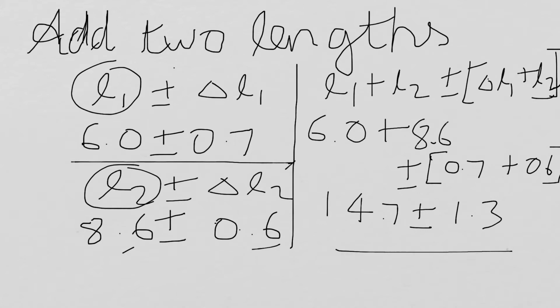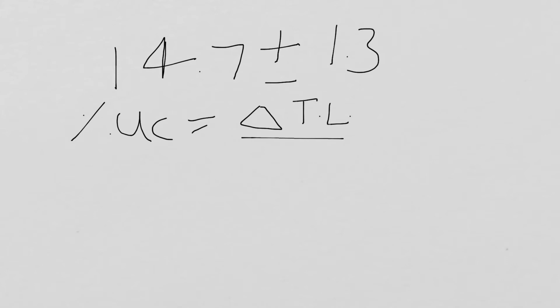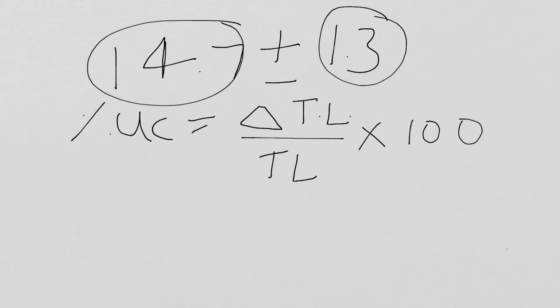Now if we want to find the percentage uncertainty, we will do it on the next page. Here we write 14.7 plus or minus 1.3. For this there is a formula: percentage uncertainty is the total absolute uncertainty you got, divided by the measured length, into 100.